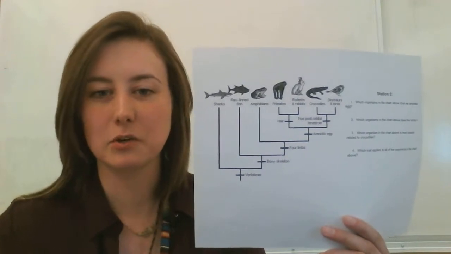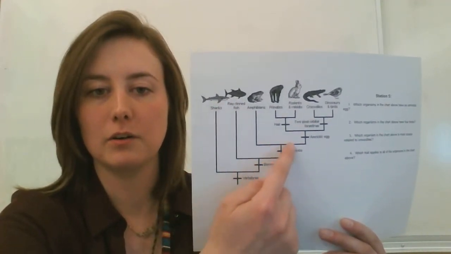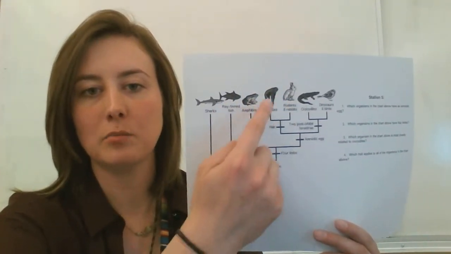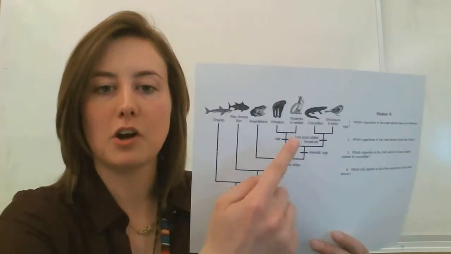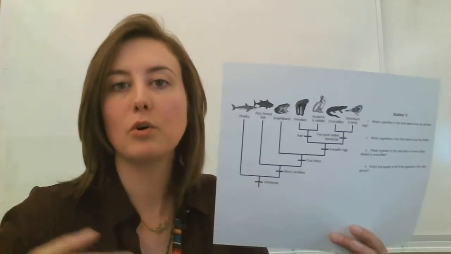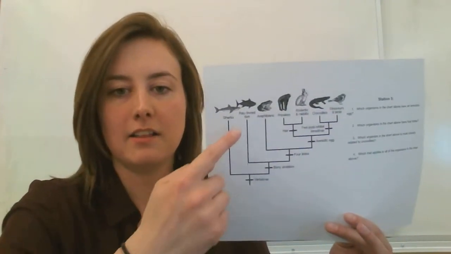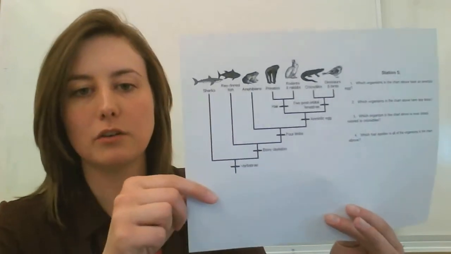It's not as closely related, because in order to trace it over here, we'd have to follow the path for a while, right? Whereas these 2, they're on the same branch, so they are more closely related. Their most recent common ancestor is more recent, right? They split off from each other more recently than the fish split off from them, okay? So that's cladograms, also called phylogenetic trees, okay?